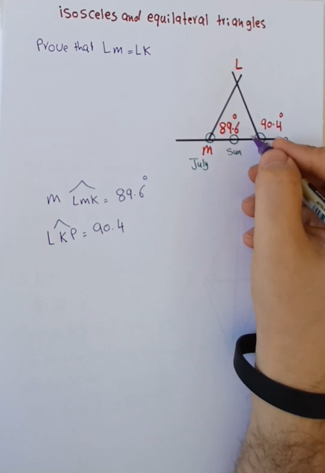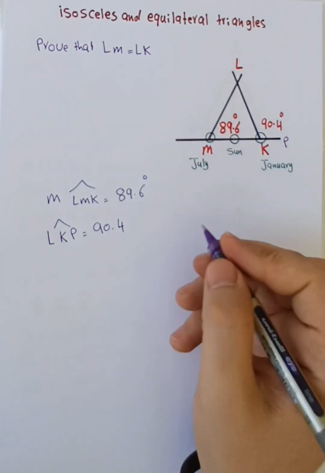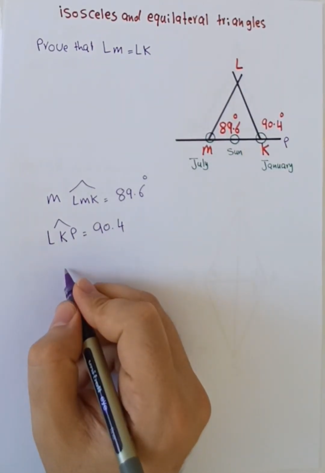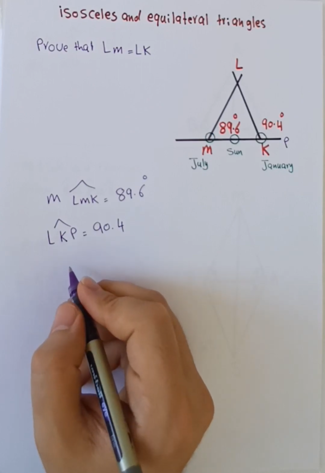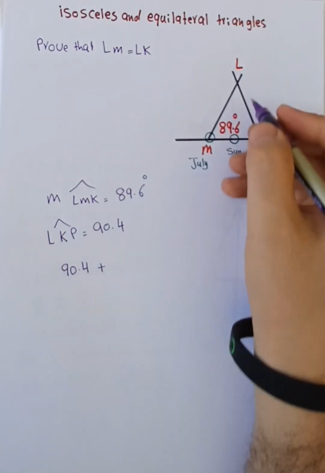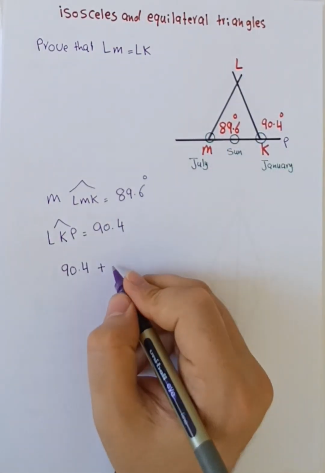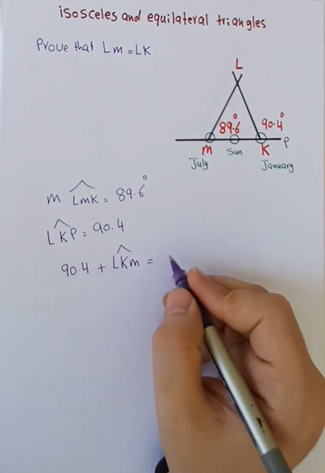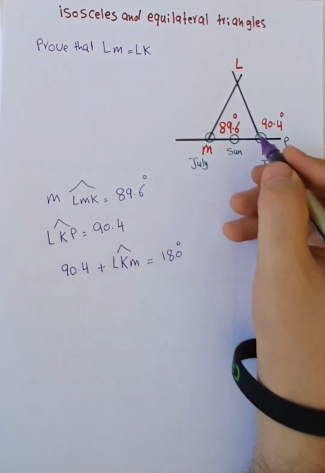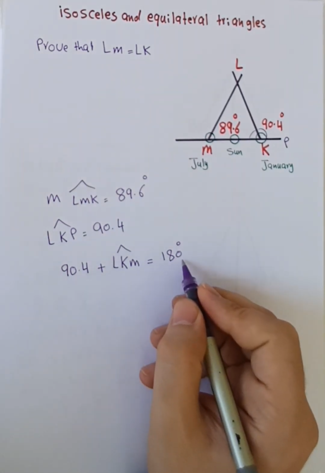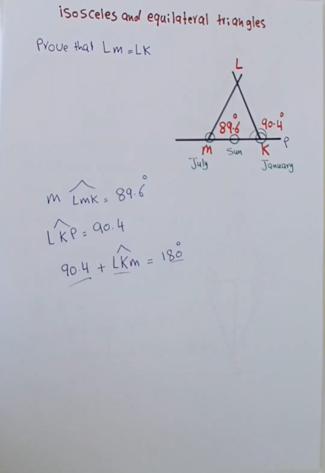When we add these two angles, we always get 180. So 90.4 plus the measure of angle LKM, which we don't have yet, equals 180 because these two angles are on a straight line.